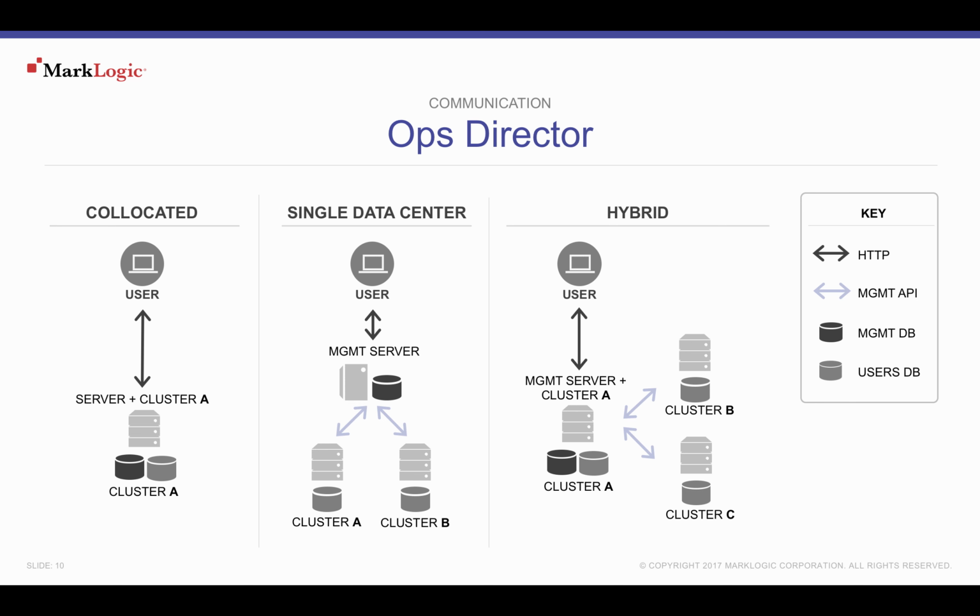Ops Director leverages this interaction to obtain information about every applicable resource on each managed cluster, including groups, hosts, databases, application servers, etc. Timestamps allow Ops Director to maintain a history of the configuration of managed clusters over time.